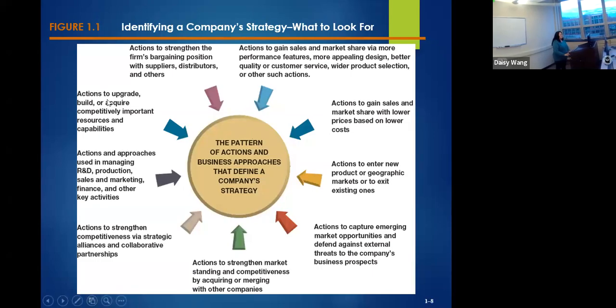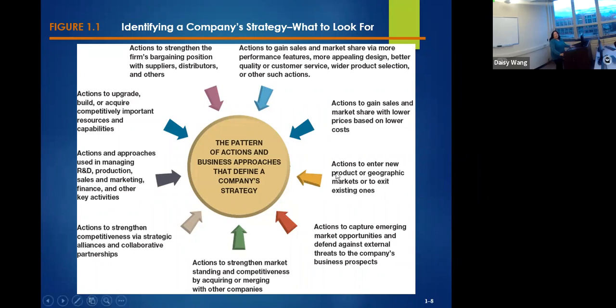And to identify the strategy, we will also look into this, but let me just give you some examples. We can find the company's actions to enter a new product or geographic market or exit some market.